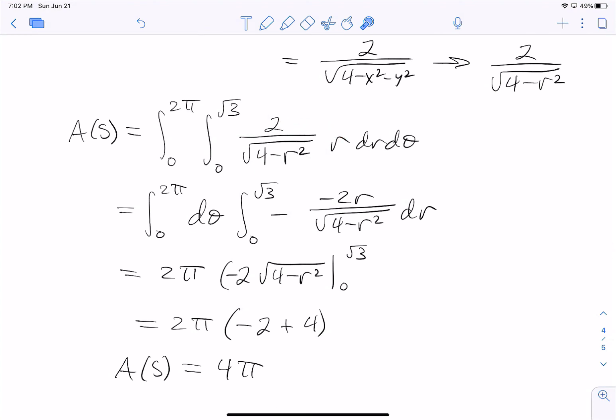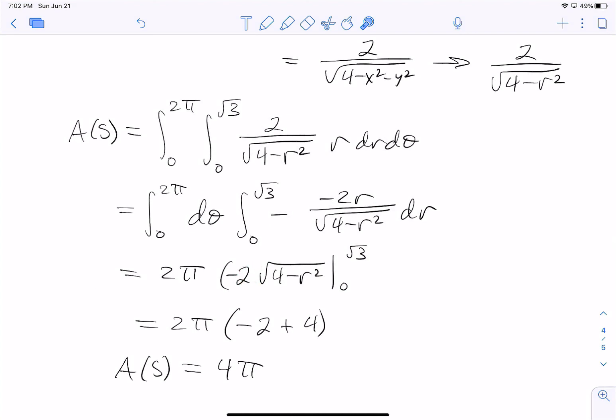So I have negative of -2r over the square root of 4 minus r squared dr. That's because I'm thinking of 4 minus r squared as my u, therefore my du is -2r. I then integrate using the power rule. The square root in the denominator represents an exponent of -1/2. Add 1 to that, and I have a square root, and that exponent would be 1/2. Divide by that, we have this coefficient of 2.